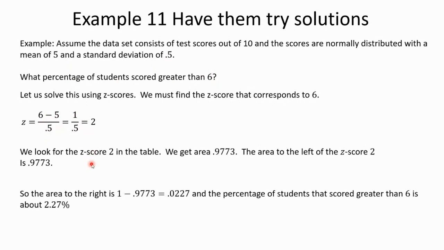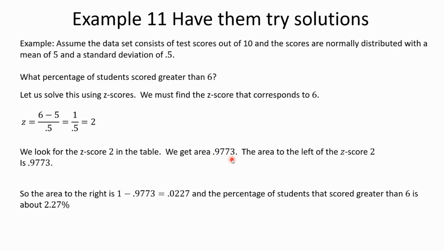Now, if you look in the table, it's in the textbook, for the z-score of 2, you would get an area of 0.9773.